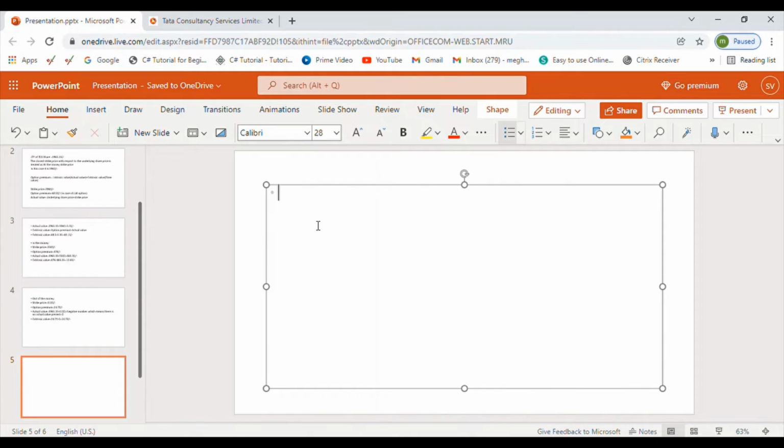The call option buyer expects the underlying share price to increase so that he can make some money. But here the put option buyer expects the underlying share to go further down so that he can make some money.